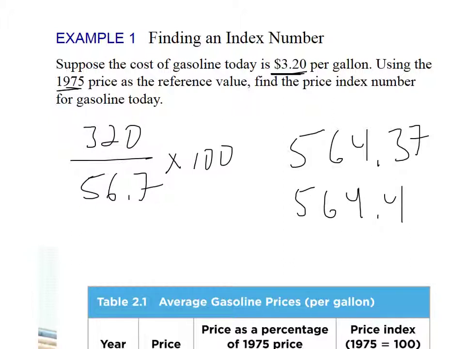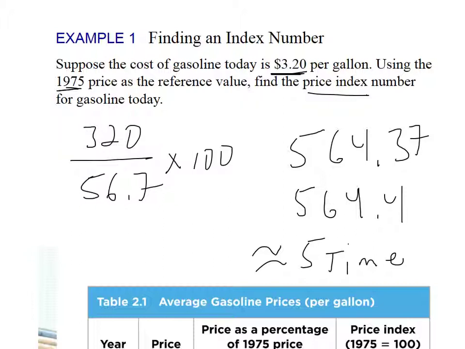We could round that to 564.4. And if you think about it, since this is kind of like a percentage, that's telling me it went up a little bit more than 5 times.